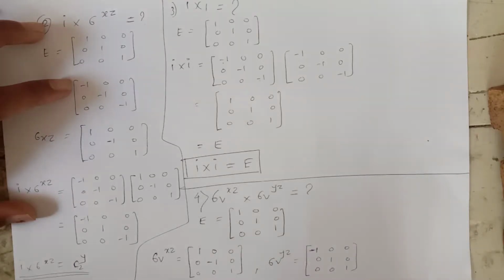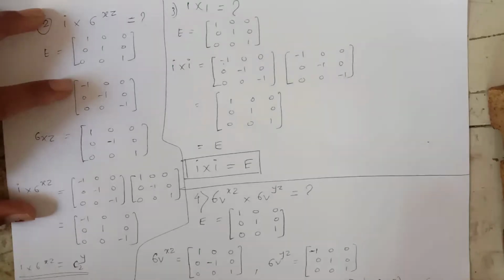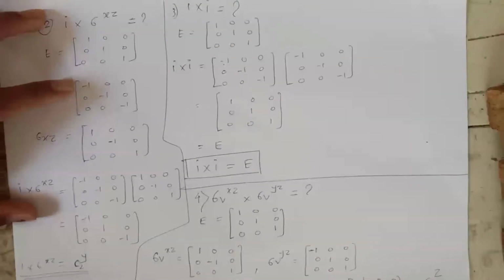When multiplication is taking place, 1 into minus 1 is minus 1, the remaining are as it is, 0 into 0 is 0, minus 1 into 1 is minus 1, and 0 0 1 into 1 is 1. So what is here? X and y are negative, only z is positive. So you have to take C2z as the product.